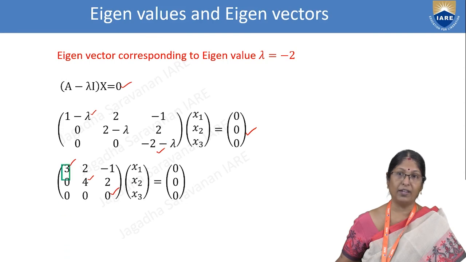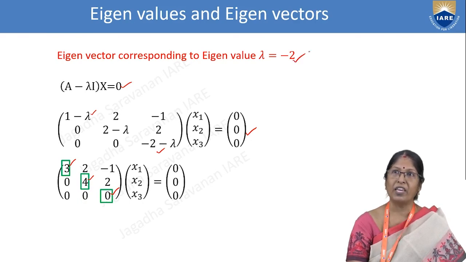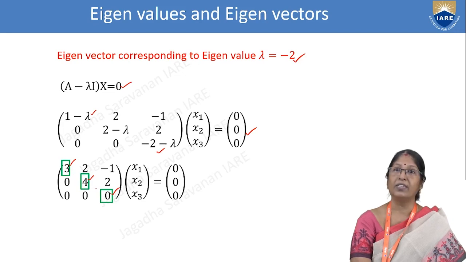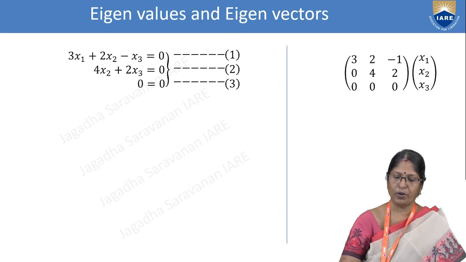Now you can see the rectangled one, which is making our understanding level more. 3, 4, 0 we got when lambda equal to minus 2. That is, we substituted in the place of lambda, and we got 3, 4, 0 as the elements lying in the principal diagonal. So this is the matrix we recently got.